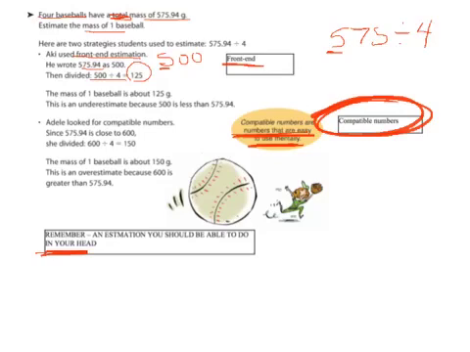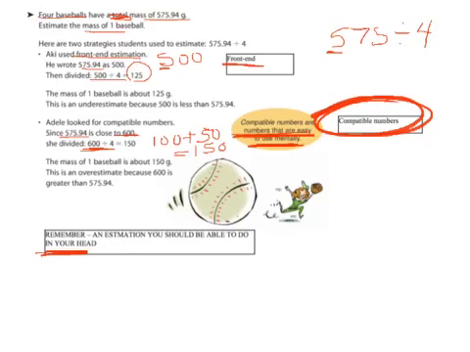So it's better to look for numbers that can actually be easily divided by something. Otherwise, you're working with remainders and such, and then you cannot do it in your head. So, for example, here, 575 is close to 600. He's taken 600 to divide by 4. Again, 400 divided by 4 is 100, plus 200 divided by 4, well, that would be 50 each, so plus the 50 is 150.